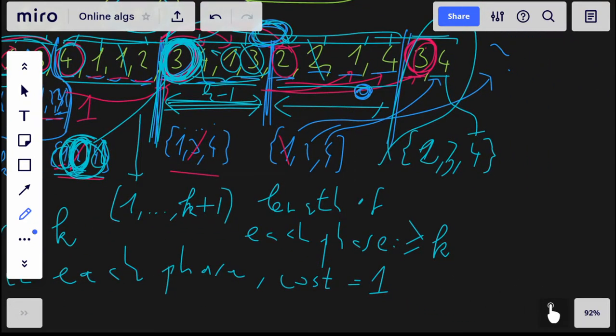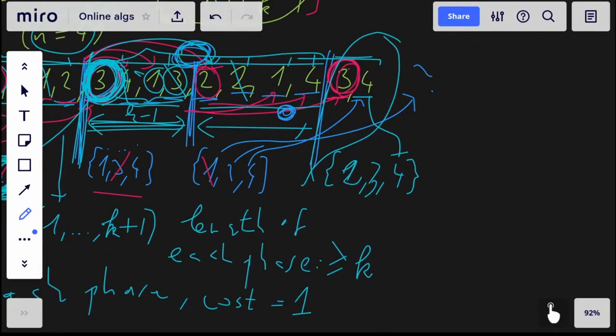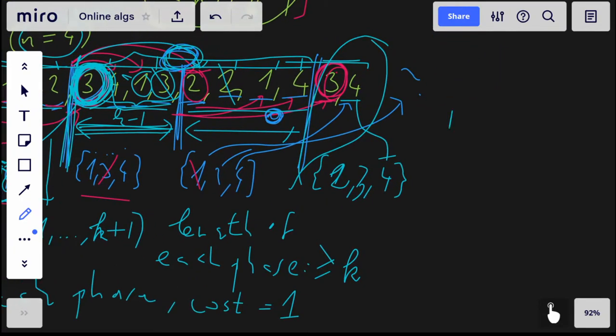in total there are m inputs, or requests, and the total number of phases is at most as follows. There is a first phase of length at least k.